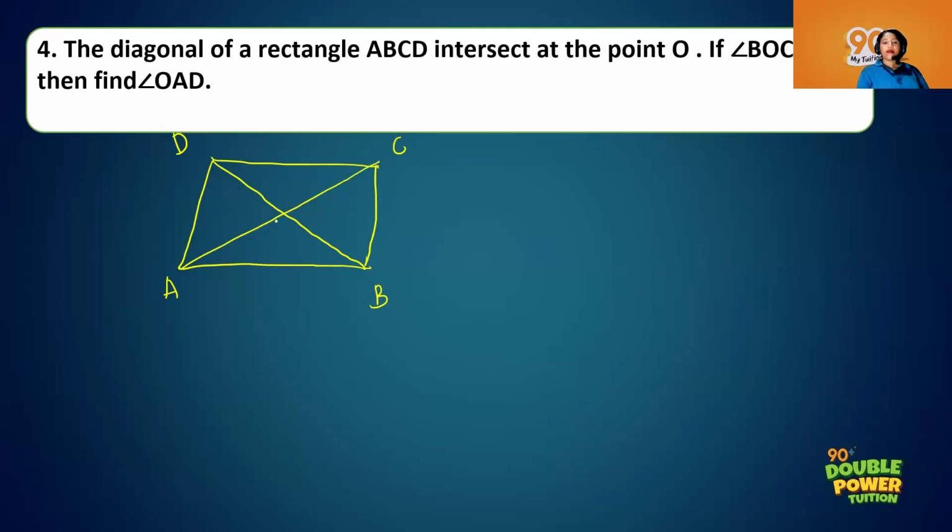This is the point O and this is 50 degree. Then find angle OAD. You have to find this angle. Same question as the first question. Do this properly.